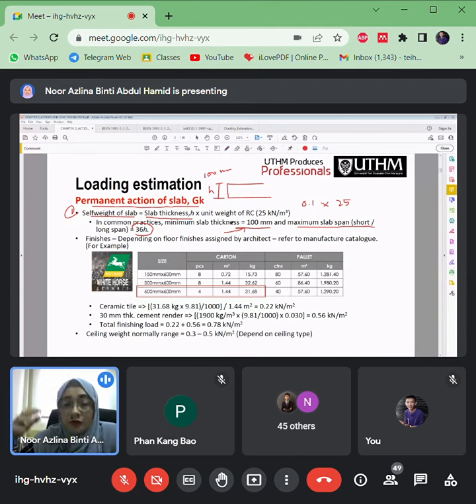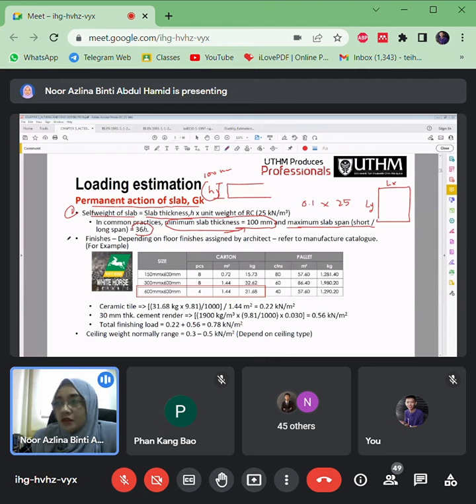We also have to provide the concrete cover, and space for the reinforcements, right? So that's why the suggested minimum slab thickness is 100 mm, and this is the suggested maximum slab span, which is short divided by long span. Let's say this is Lx, the short span, and this is Ly, the long span, equal to 36h here. It should be within this range.